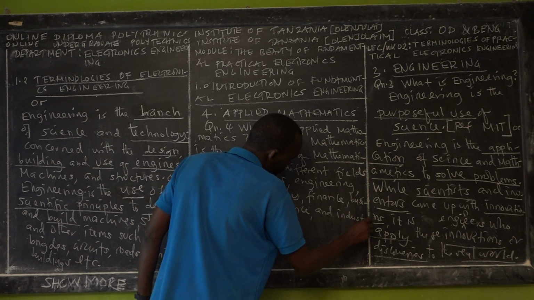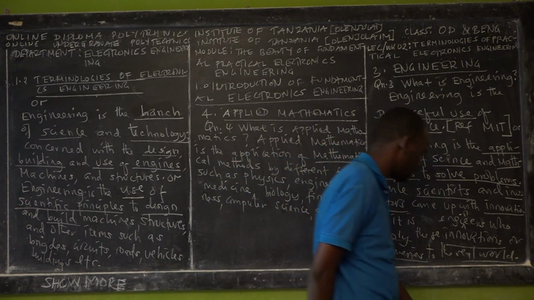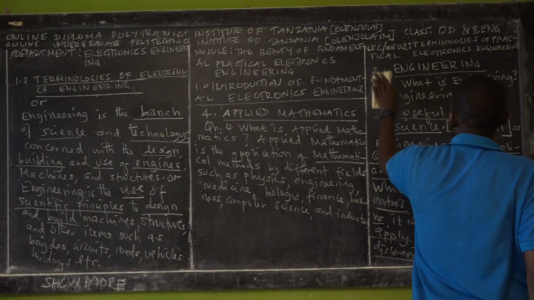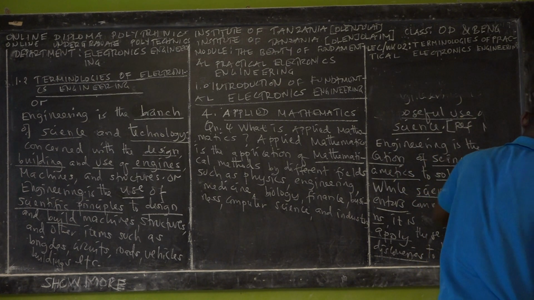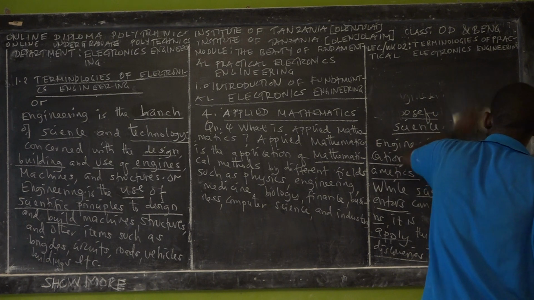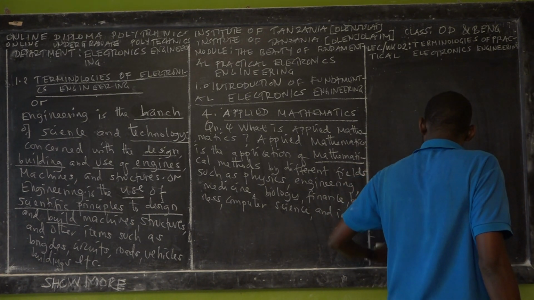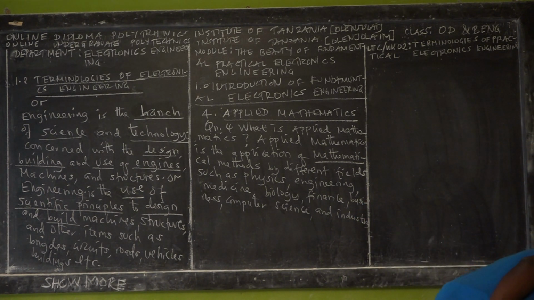So for example, our government's vision for Tanzania is to have a middle economy based on industry. So whenever we think about industries, we have to think also about how we can apply mathematics.